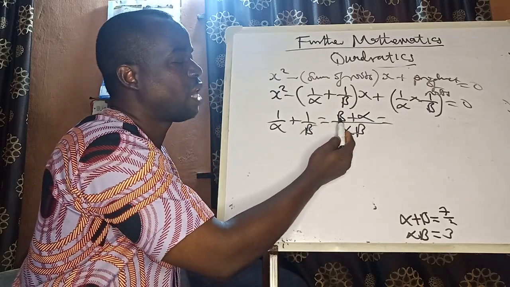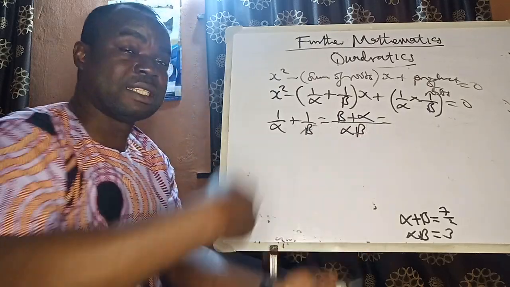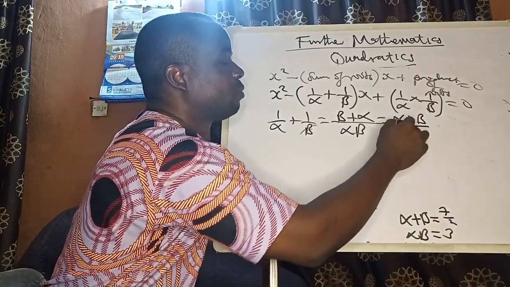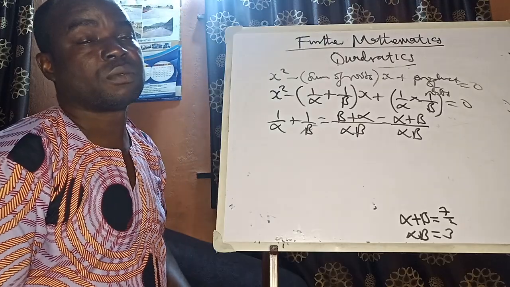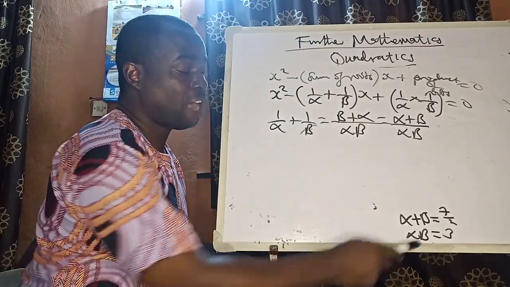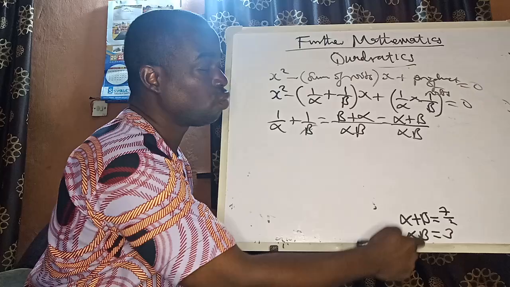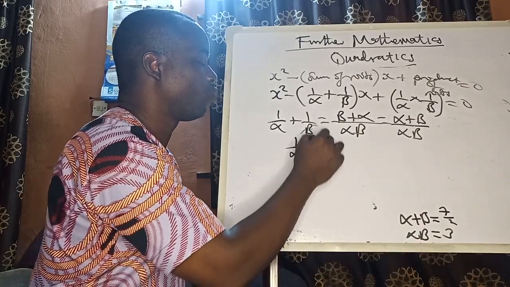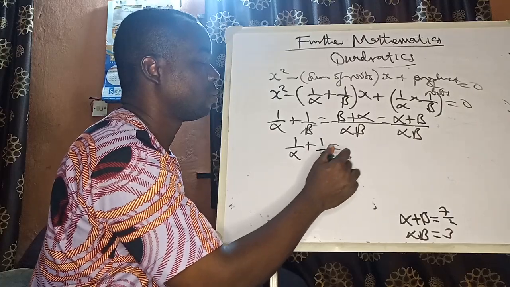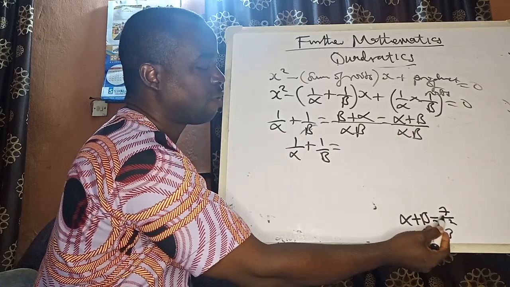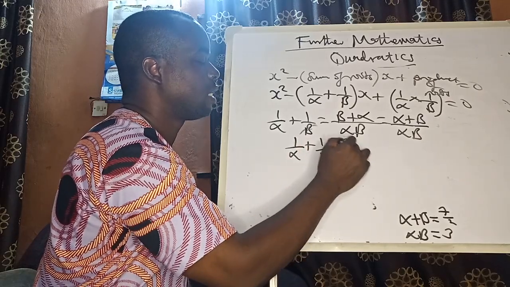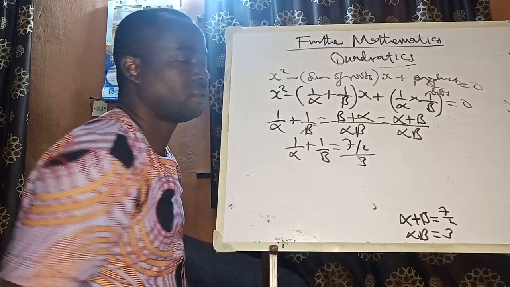So if you have beta plus alpha, it's always good to rewrite it, so it will be alpha plus beta. You see why I found these two? I'll put these two inside this place now. So 1 over alpha plus 1 over beta will now give me alpha plus beta, which is 7 over 2, divided by 3.